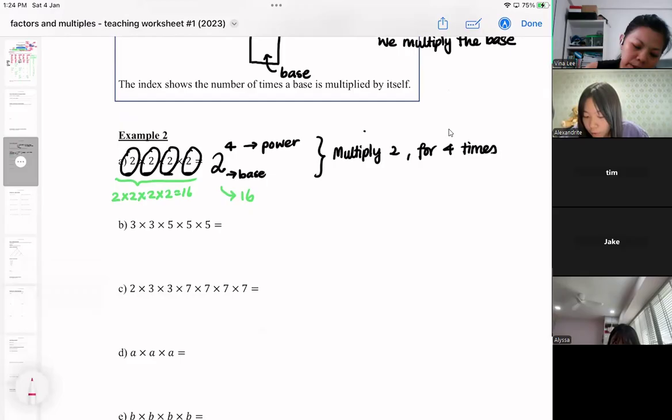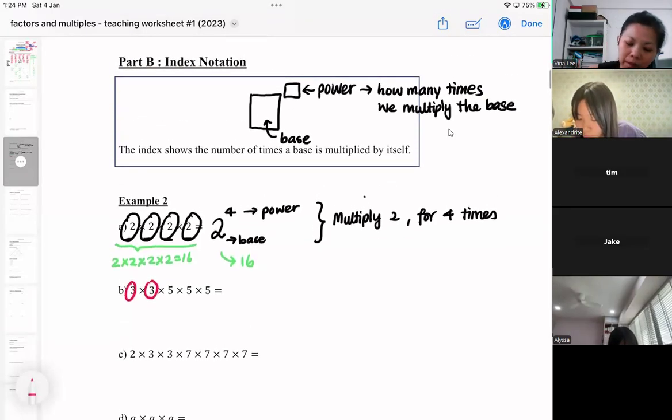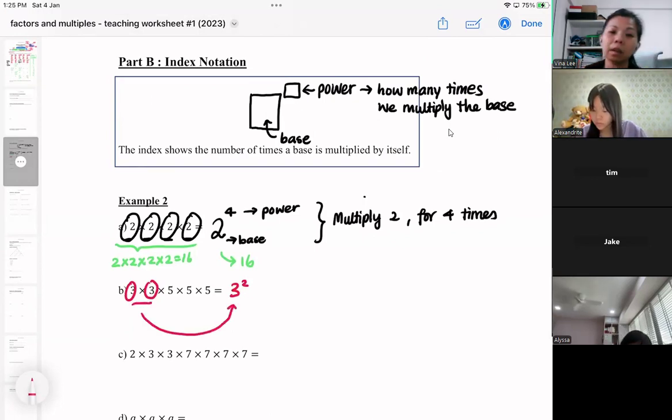Can you see this one is 3 times 3? When it is 3 times 3, that means it's 3 squared. You only multiply it twice.